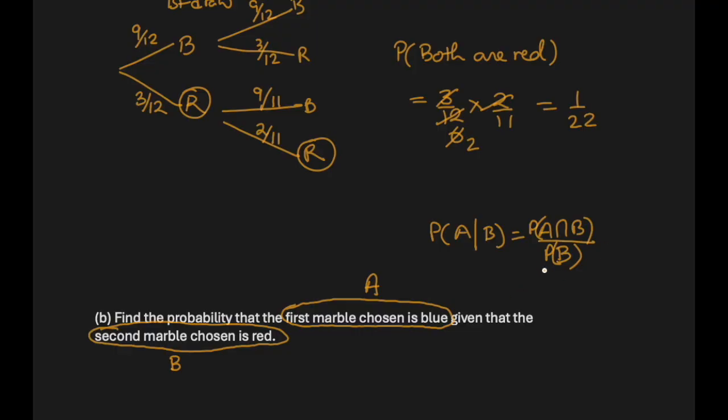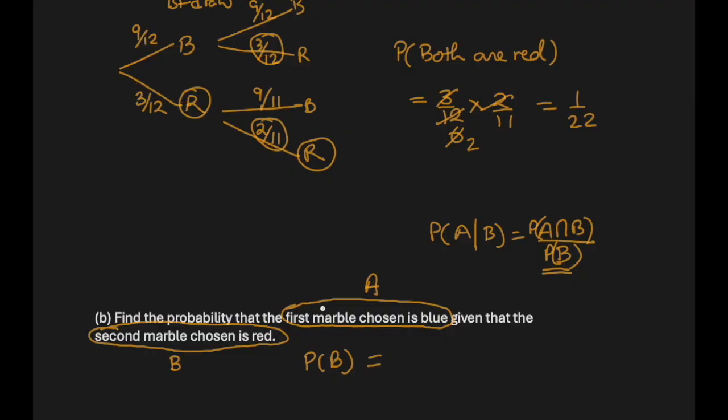So first the probability of B, that the second marble chosen is red. What is the probability? Either this is the case or this is the case. In both cases, the second marble chosen is red. So let me find P(B) first. It is either this branch or this branch, one of these two. So what will I do? I will just multiply their probabilities.